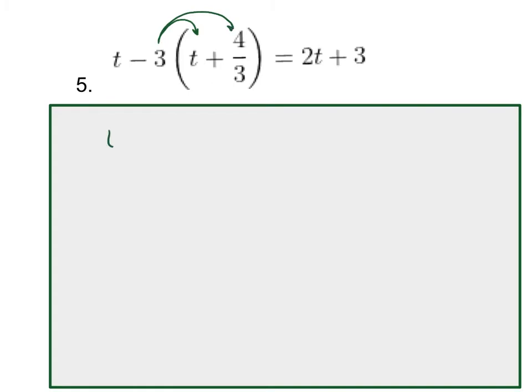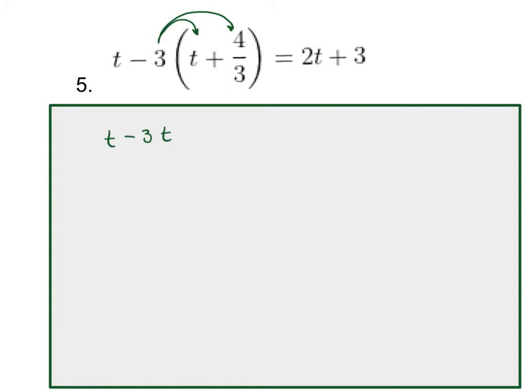So we've got a t, and then negative 3 times t is just negative 3t. And then negative 3 times 4/3. Okay, you could get out your calculator and just type in 3 times 4 divided by 3. That would work. Off to the side here, I'll show you the actual math for it, though.